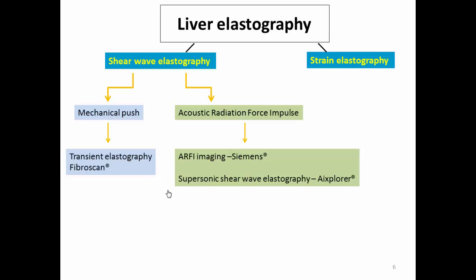And more recently, there comes acoustic radiation force impulse, used to generate the shear wave velocity. And also, there is a technique using strain elastography to semi-quantitatively evaluate the liver stiffness.